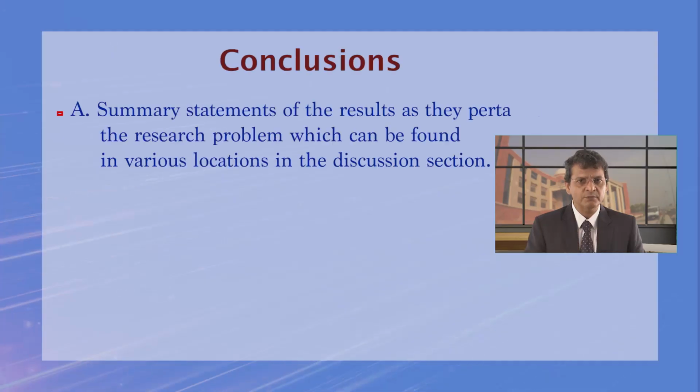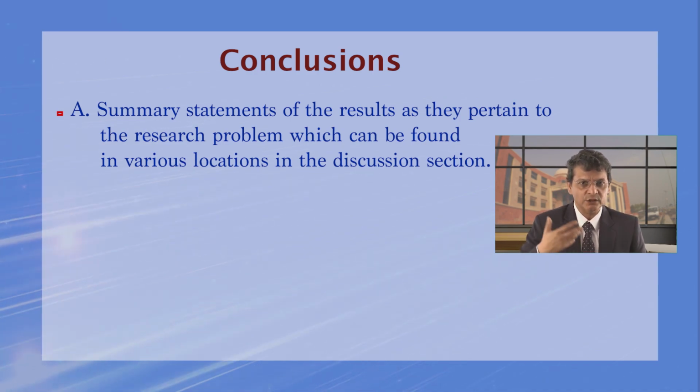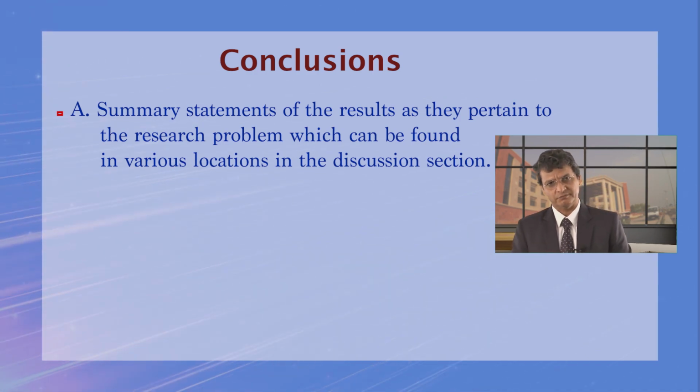So here the question is what we should do when we are writing the conclusion section in this chapter. Number one, you must provide summary statements of the results as they pertain to the research problem, which can be found in various locations in the discussion section.